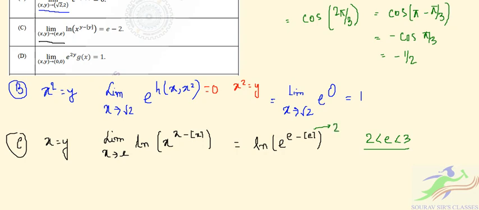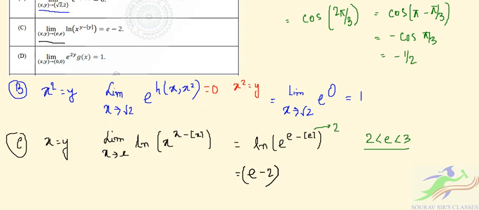So we can just write it this way: e minus 2. So from here we get e minus 2. So this is the correct option, the limit of this value is coming e minus 2.